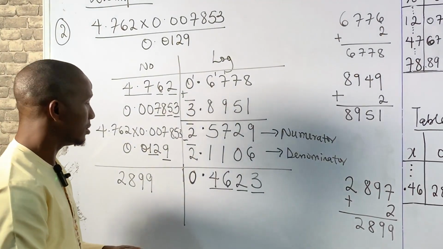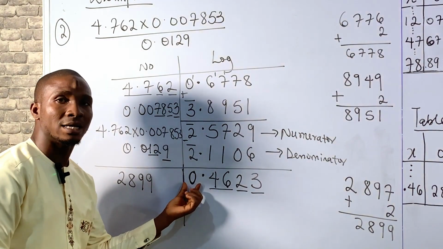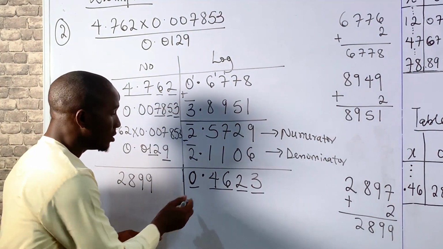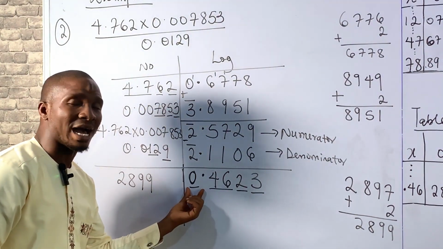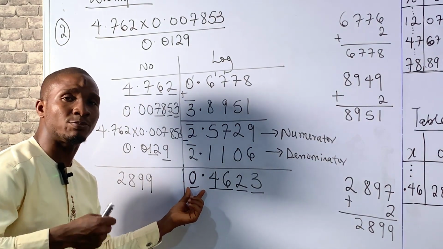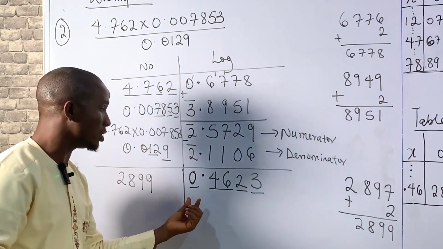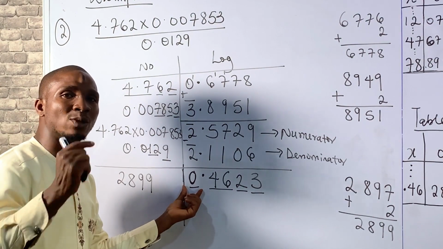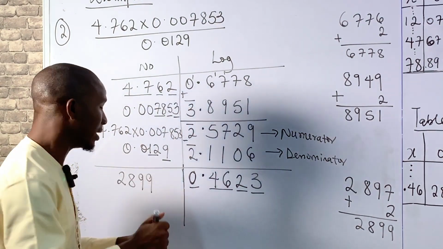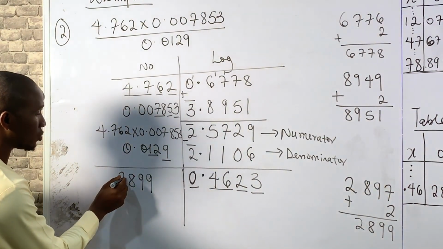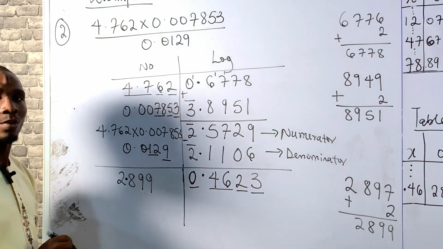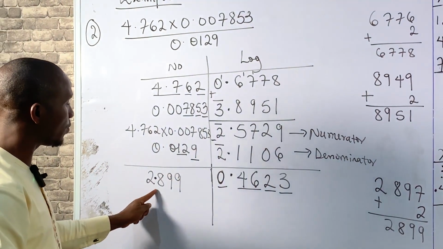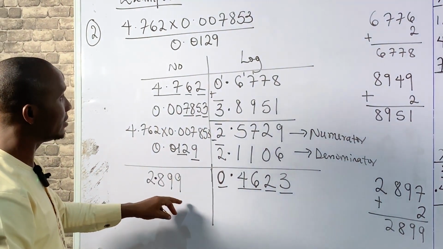So we come back here and insert 2899. Now, this first number, like I always tell you, is to indicate the position of the decimal point. So this is just 0. You add 1 to 0, that will be 1. It means the decimal point is going to be after 1 digit. So the answer now becomes 2.899.